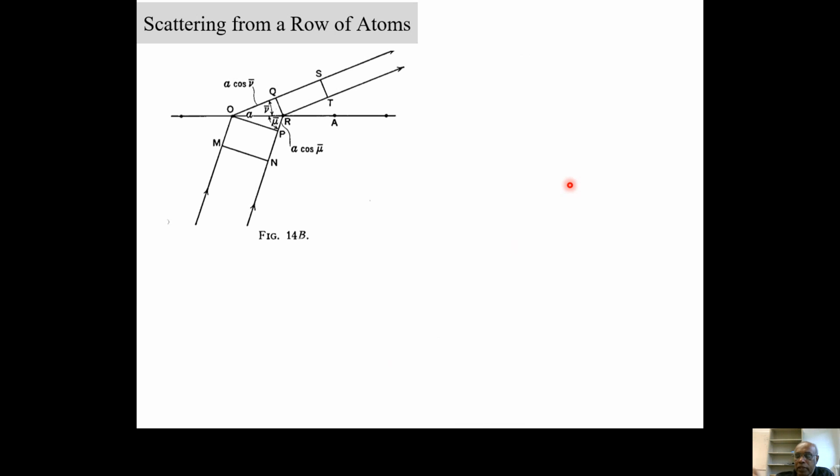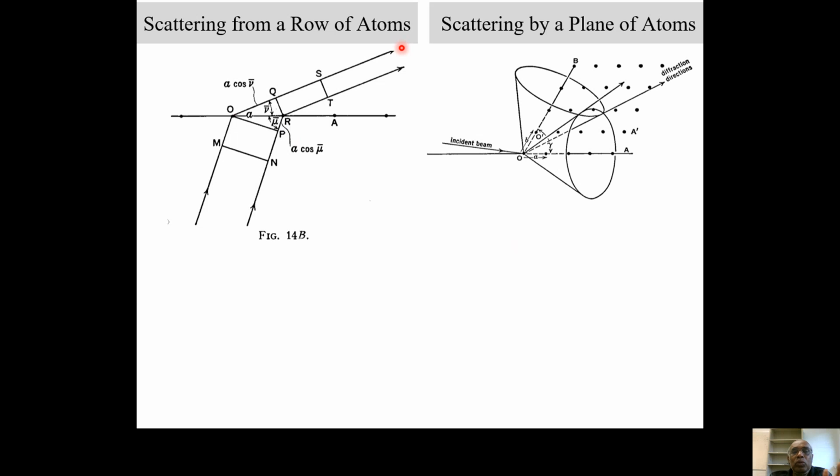So that is one atom, right? But when you talk about crystals, we need to expand that to a one-dimensional atomic line. So here one atom, two atoms, three atoms. Now we are talking about diffraction coming from one row of atoms, right? Then we need to consider two dimensions, with atoms in two dimensions.